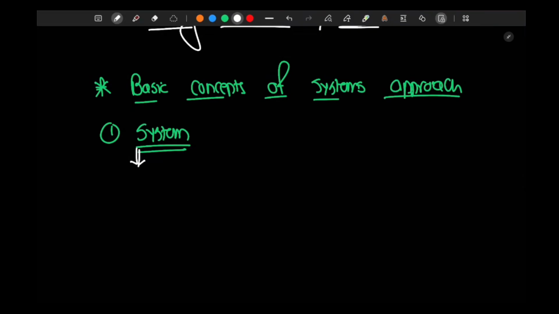Let's say, I will just give you an example. Let's say air condition system, AC system. So what is a system? What is an AC? An air condition system. It has multiple elements. It has a coolant. It has a fan.